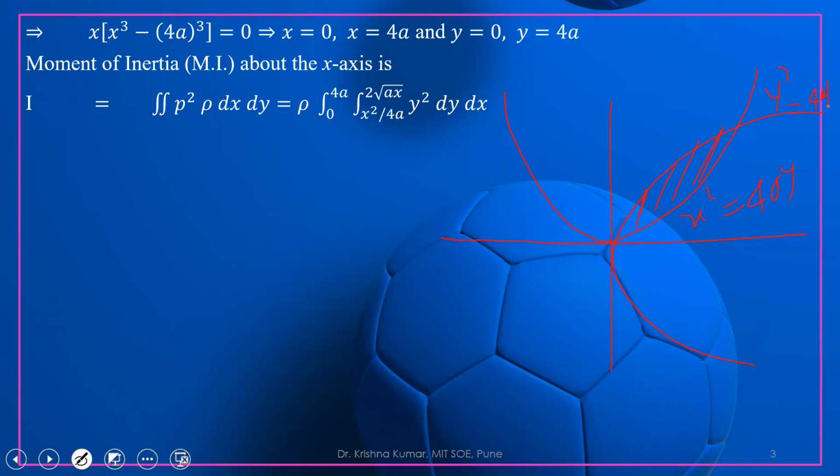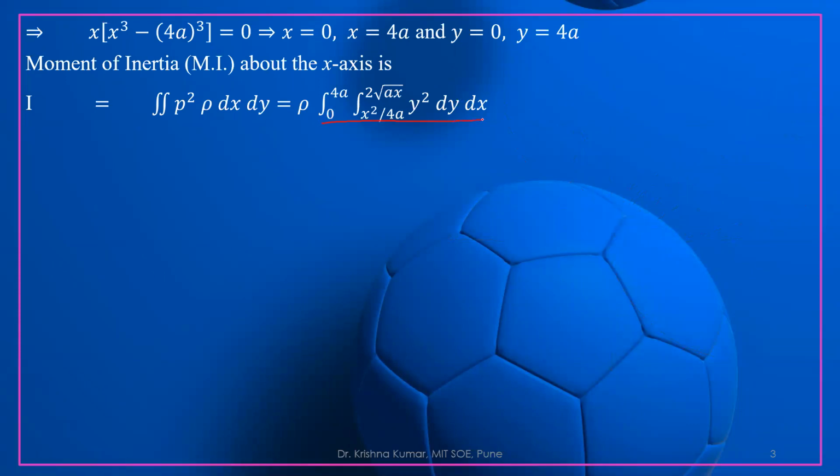So y varies in this direction. First we take this parabola. The value of y is x square upon 4a, so the lower limit of y is x square upon 4a. And what about the upper limit? According to this parabola, y square equal to 4x, y is the root of 4x, which is 2 root x. So this is the limit for the integration.